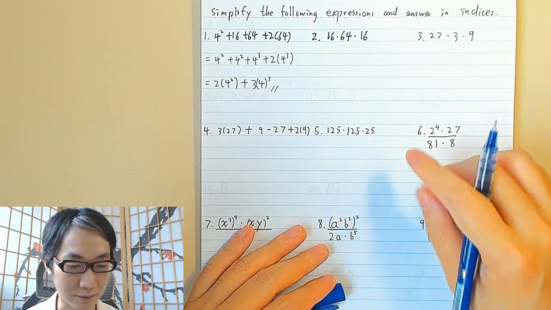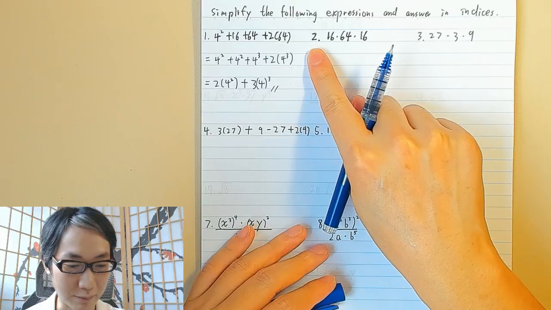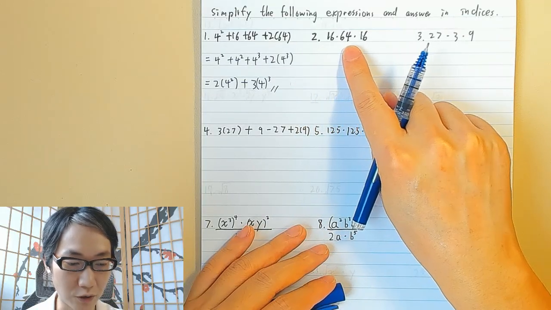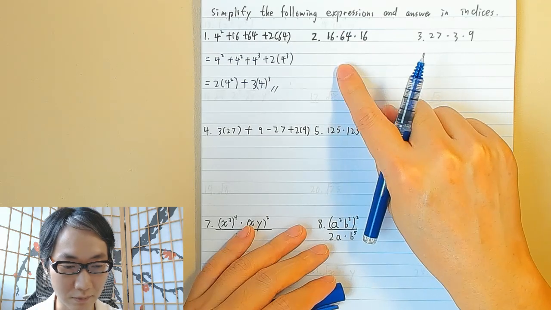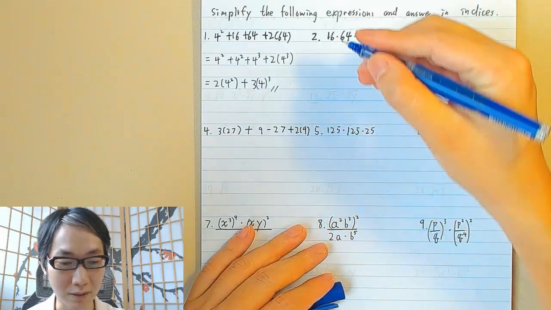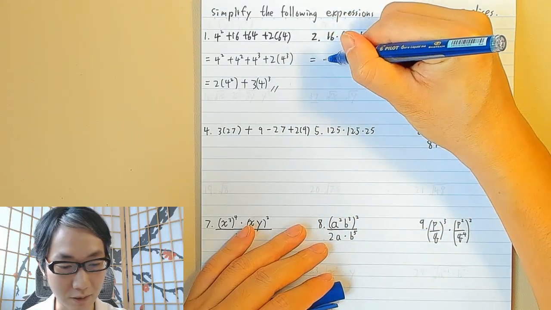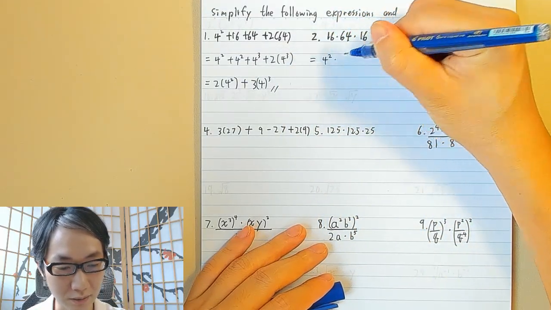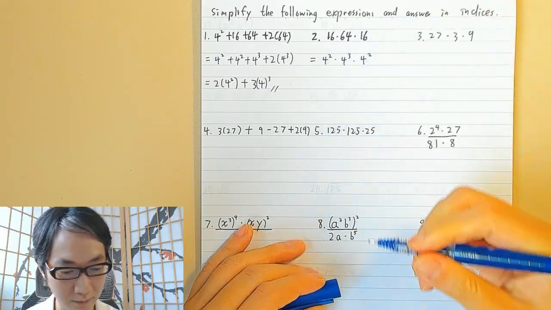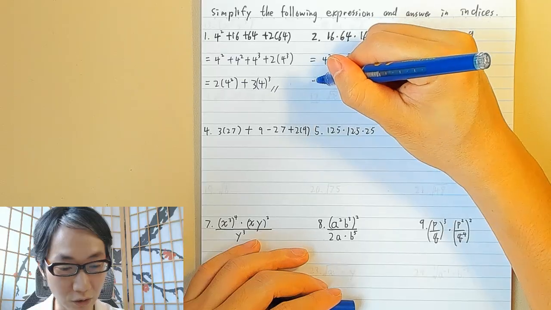And then number 2, 16 times 64 times 16. Oh, they're multiplying, so we can use the indice rules. This is 4 squared times 4 cubed times 4 squared. Then we can use the addition rule.